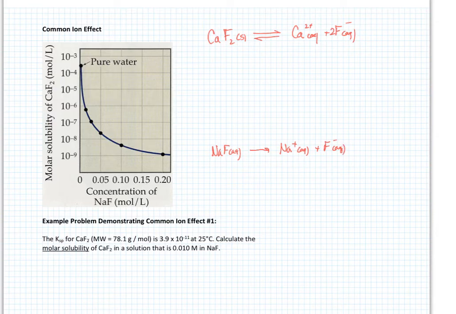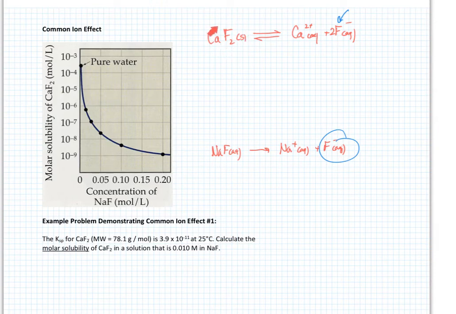All right, so if we already have an existing solution with fluoride ions in it, that means there's some of this already. And what do we know from Le Chatelier's principle? If we have some of the products already existing, it's going to drive the reaction back towards the reactant side. So if we have existing fluoride ions, Le Chatelier's principle tells us the equilibrium is going to be pushed away from this towards the other side of the reaction, which is the solid form.